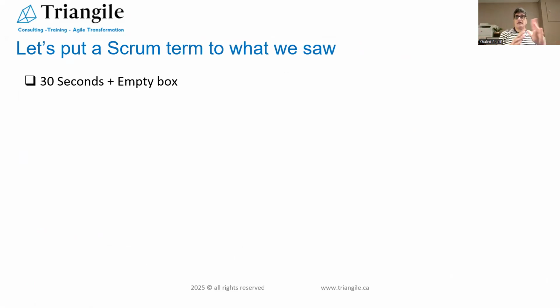It's clearly something that has physical and time dimensions. So 30 seconds plus an empty box is basically our sprint. You can see it's literally a time box. It's a box, and we have a fixed time that we have to finish the work in. So that's a metaphor for a sprint.